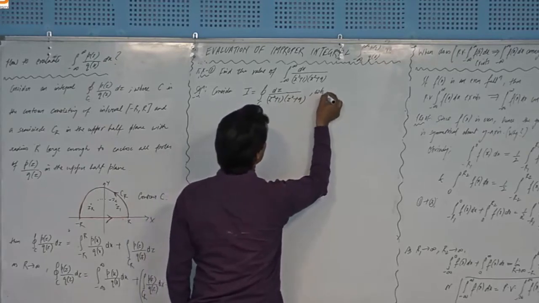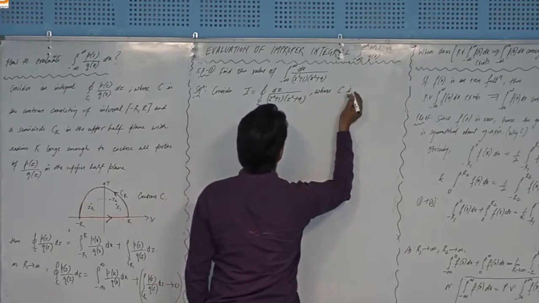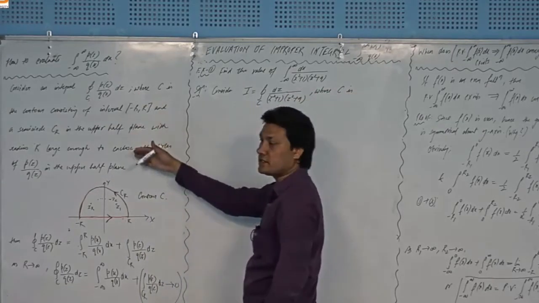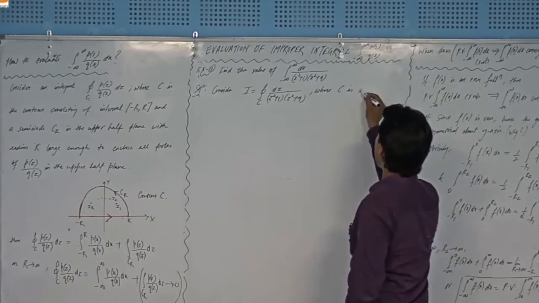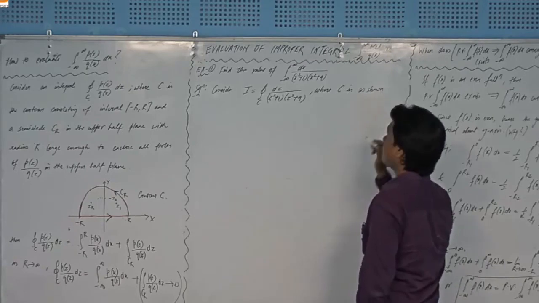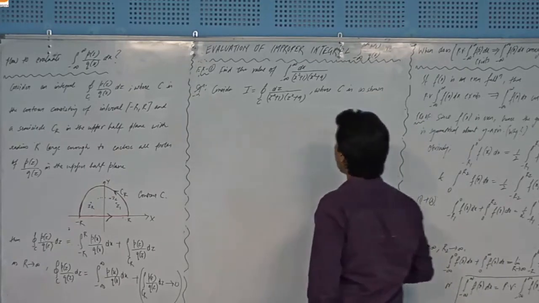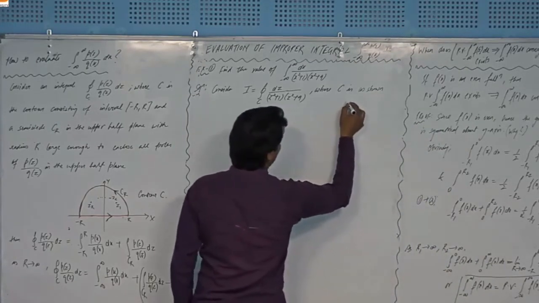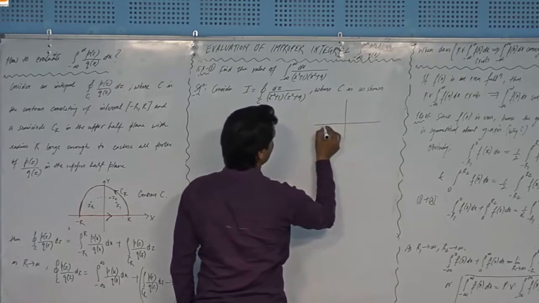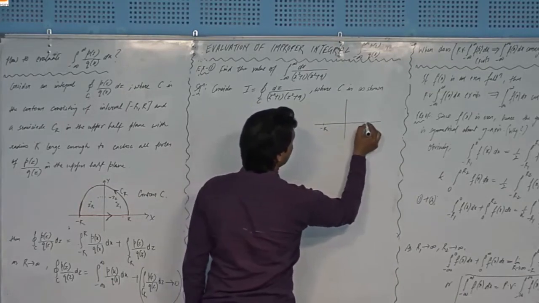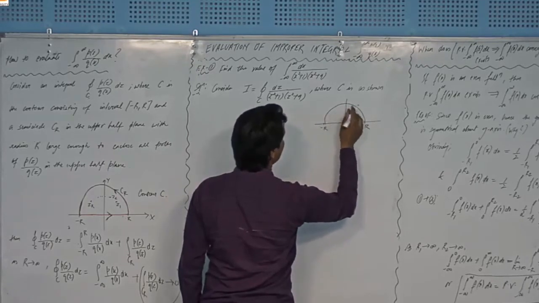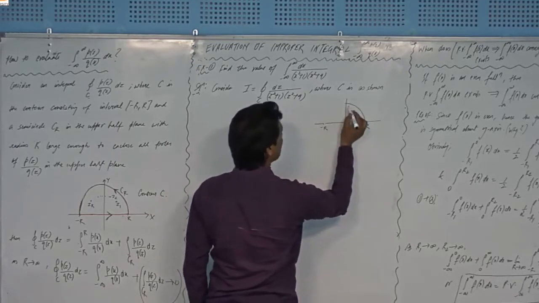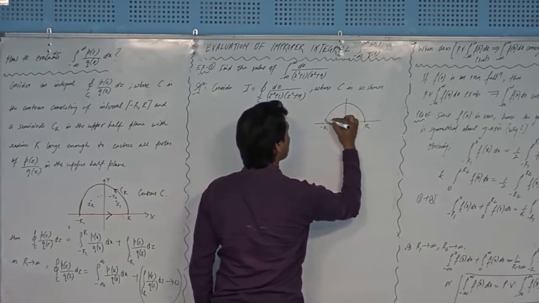You have to define what your C is, where C is as shown in the figure. I'm just drawing the figure, though you should write the whole thing. This is my contour, minus R to R, and then the big semicircle, big enough to enclose all poles lying in the upper half plane only.